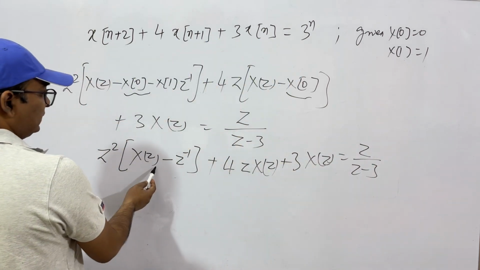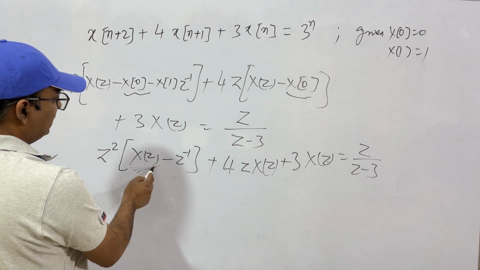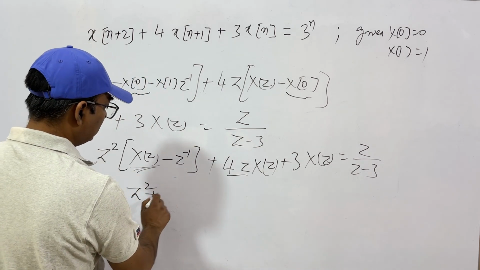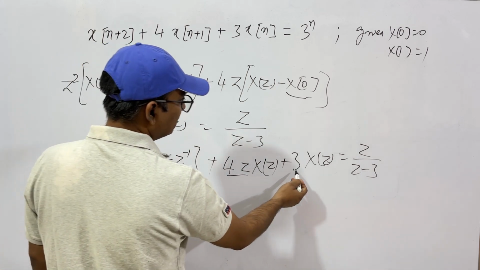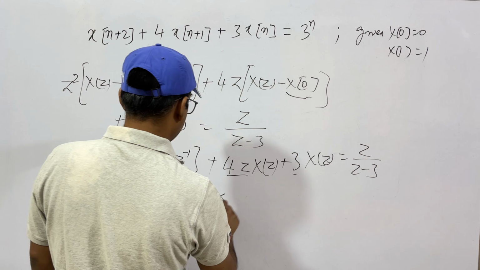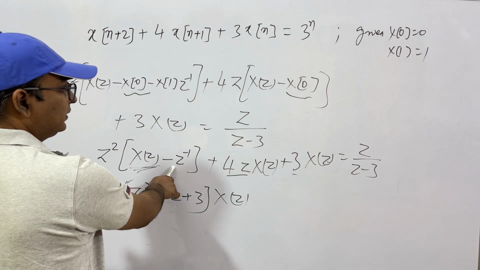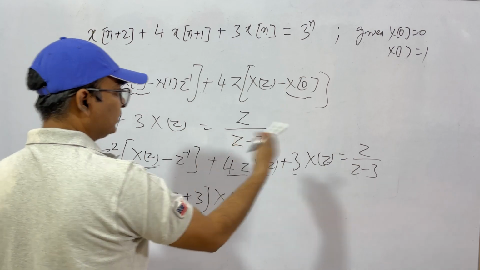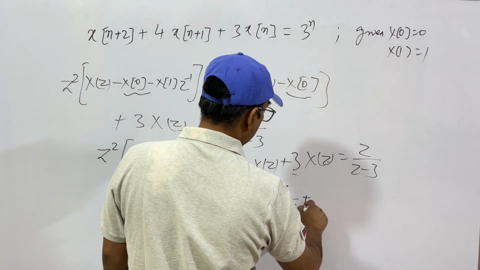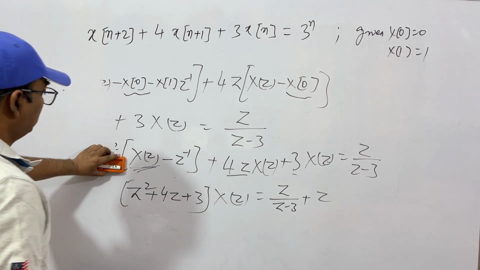So let's take the coefficients of X(z). Here we have z square plus 4z plus 3 times X(z). Here we have minus z, so on this side it will be plus z. So z by z minus 3 plus z. This is our equation.